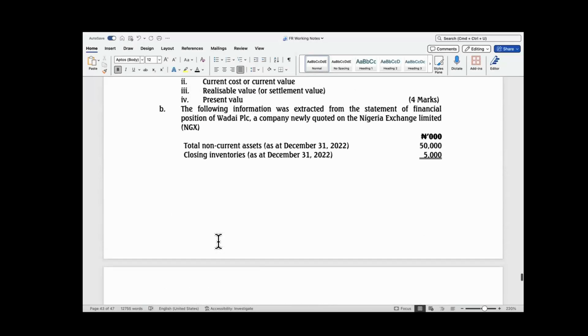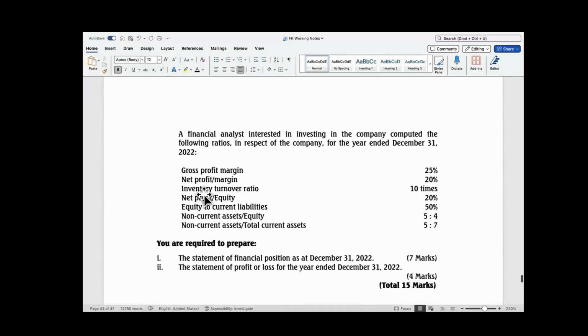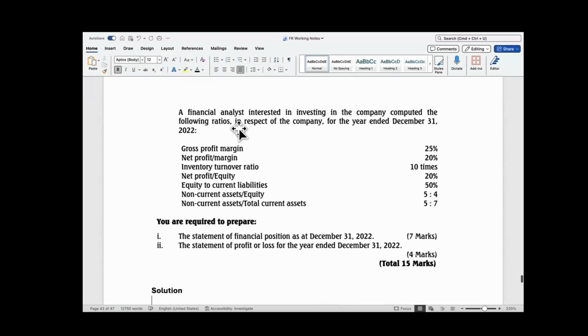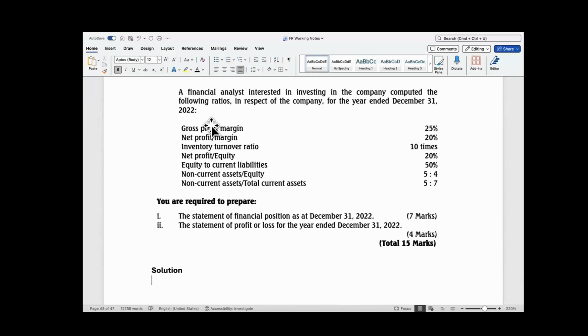They give us gross profit margin. I can see they give us total non-current assets and closing inventory. So my starting point is to look at what I can do with these figures. Which ratio uses non-current assets and closing inventory? Gross profit margin, no. Net profit margin, no. Inventory turnover ratio, yes, because it uses closing inventory.